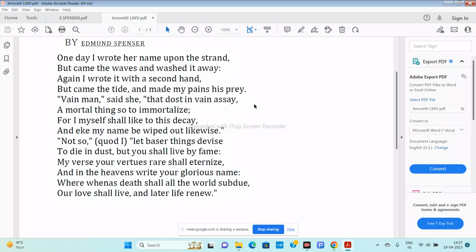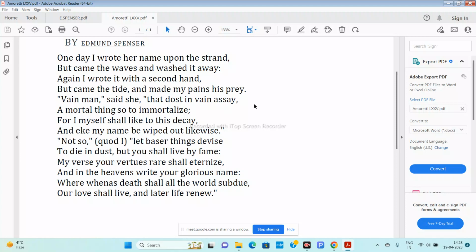So Edmund Spenser is, of course, quite eloquent here in his praise of his beloved's rare qualities and her glorious name, which he wishes to make eternal by his poems, where he will be celebrating those qualities of his beloved.